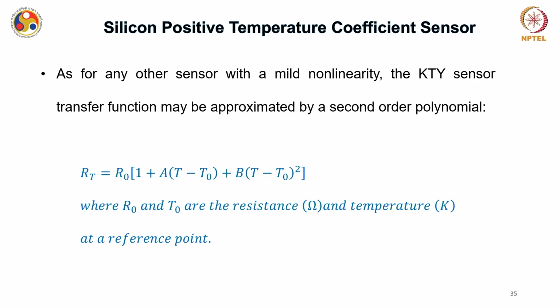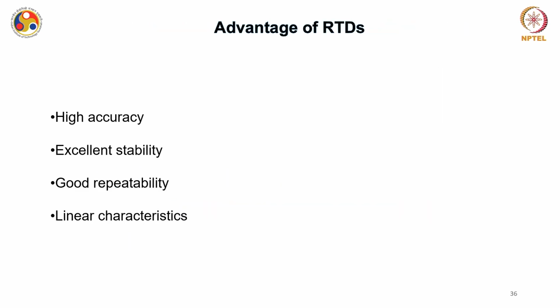As for any other sensor with mild non-linearity, the KTY sensor transfer function may be approximately given by a second order polynomial as shown here: RT is equal to R0 into 1 plus A(T minus T0) plus B(T minus T0) squared, and I am not showing the other terms to keep it simple. In this case again R0 and T0 are the resistance and temperature at a reference point.